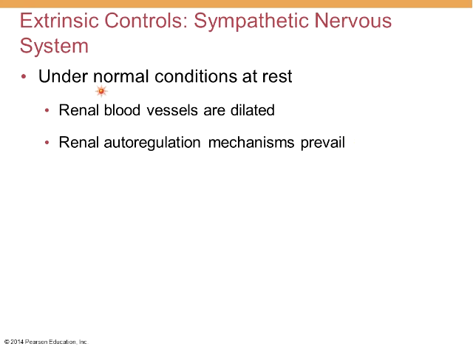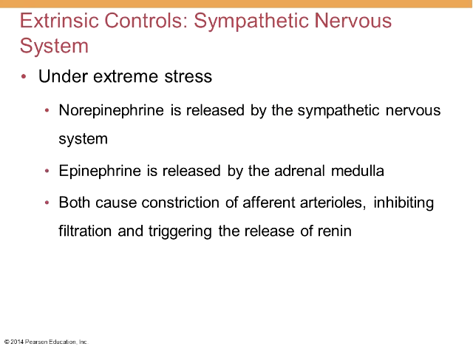So when the sympathetic nervous system kicks in, it's going to obviously constrict these vessels, so it slows down that process. So under extreme stress or in the fight or flight mechanism, norepinephrine is released by the sympathetic nervous system, epinephrine is released by the adrenal medulla, and both cause constriction of the afferent arterioles, which inhibit filtration and trigger the release of renin in the renin-angiotensin system to retain fluid.